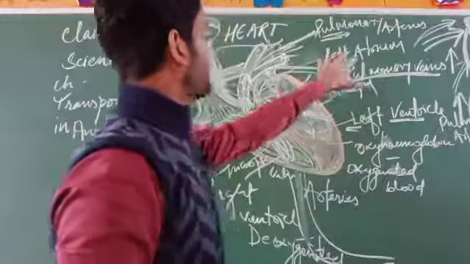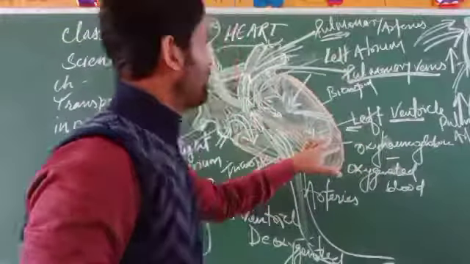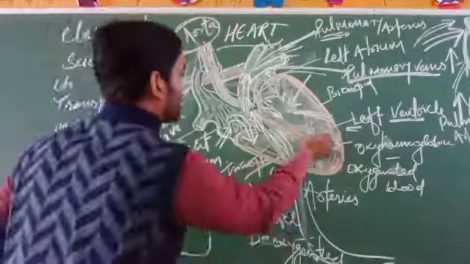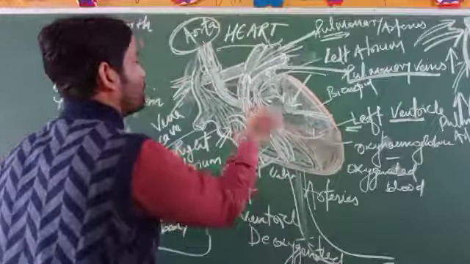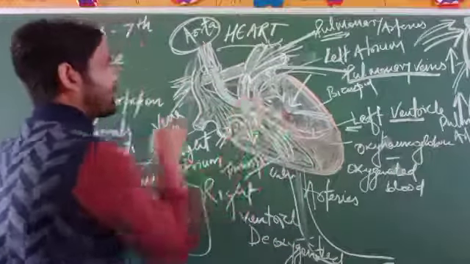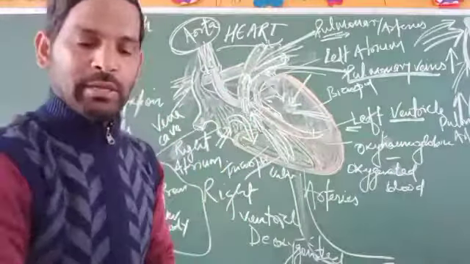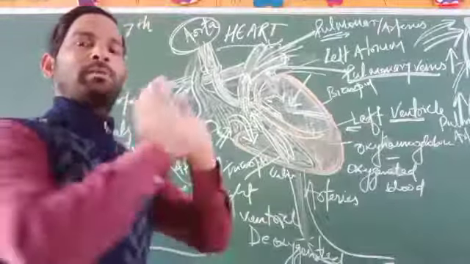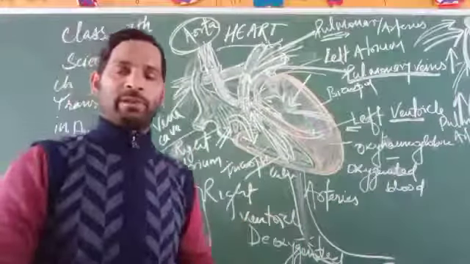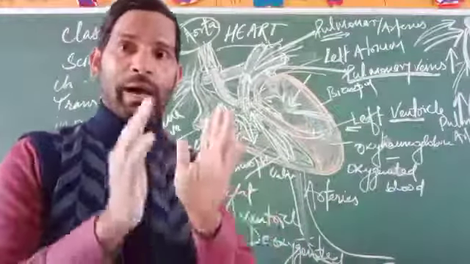From the left atrium it reaches the left ventricle, and from the left ventricle it moves to the aorta, the junction of arteries, and from the aorta the blood is supplied to the different parts of the body through the arteries.